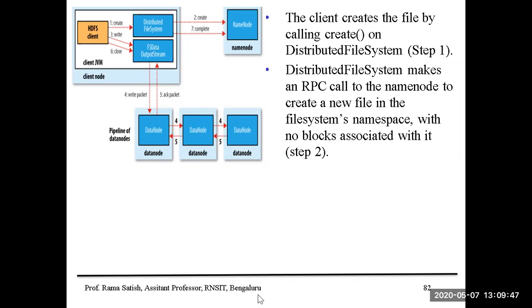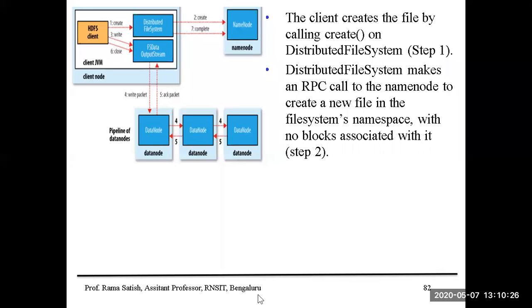So first, it will create an entry in the namespace of the name node, with the number of blocks associated with it. Whenever you are creating a file, you come to know how much data there is, so the number of blocks are allocated, and based on the same information, the replication factor is also notified.